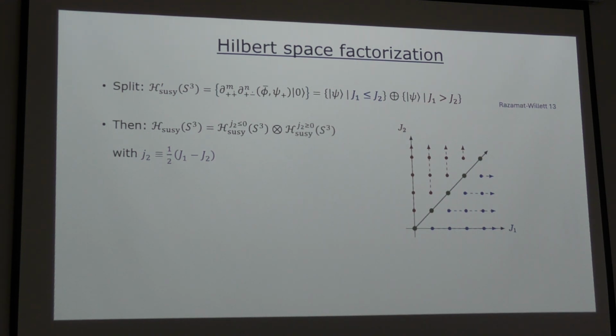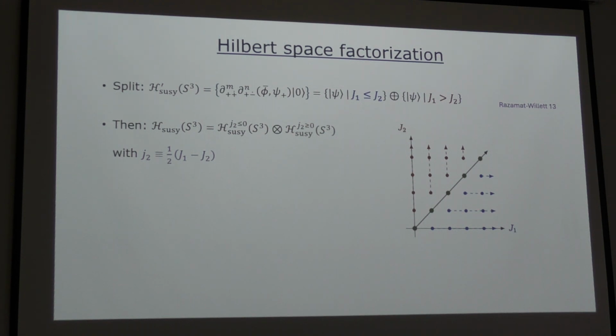The other factor should be J2 greater than 0. The reason I put the less-or-equal sign on both sides is because I want to include the J2 less-or-equal bosons here, but fermions only with strictly less than. That's a little bit of a detail, sorry about the notation.